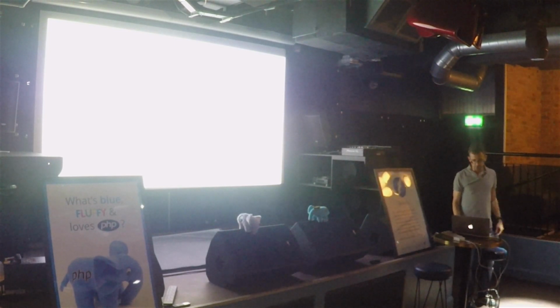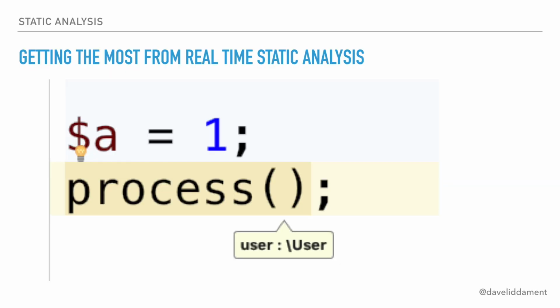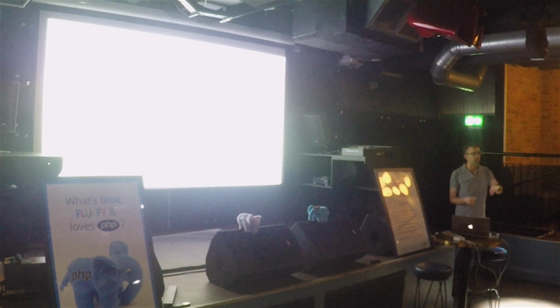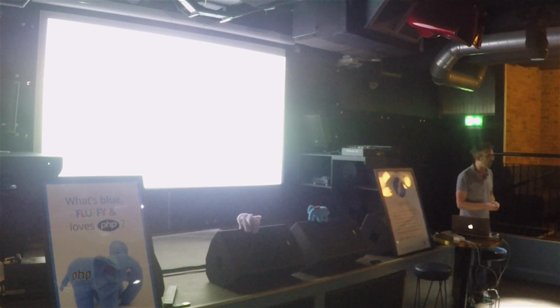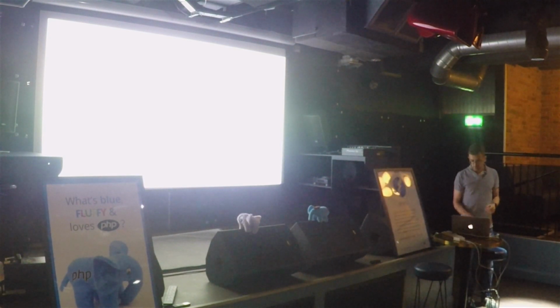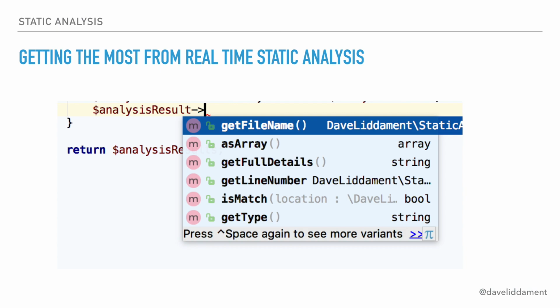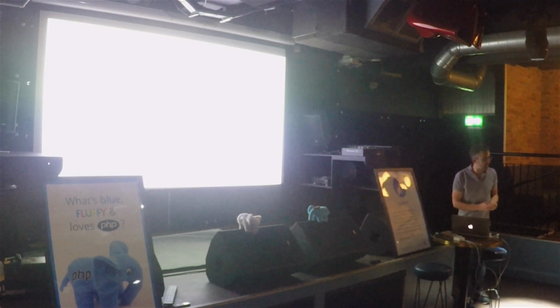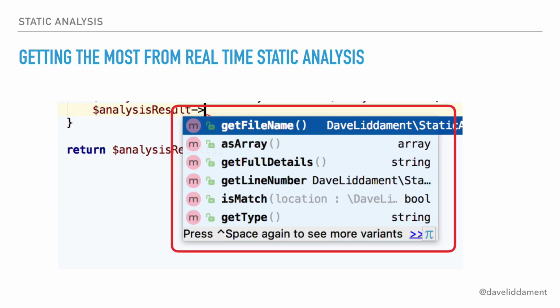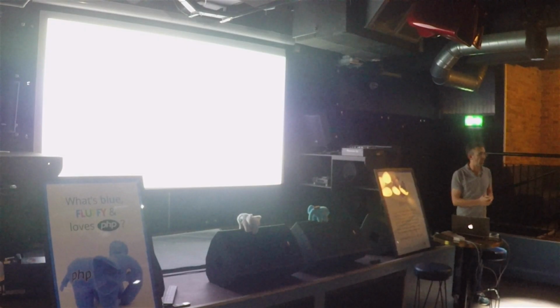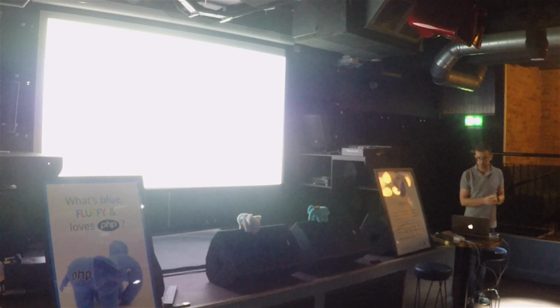But better still, as I'm typing the code, it tells me what it's expecting. So I'm not even going to introduce bugs in the first place if I type in everything and I look at what my IDE is telling me. And the other kind of productivity helper it has is, because it understands what's going on, it says, well, I know this analysis results object, I know what it is, so therefore I can tell you all of the possible methods on that particular instance of the class.